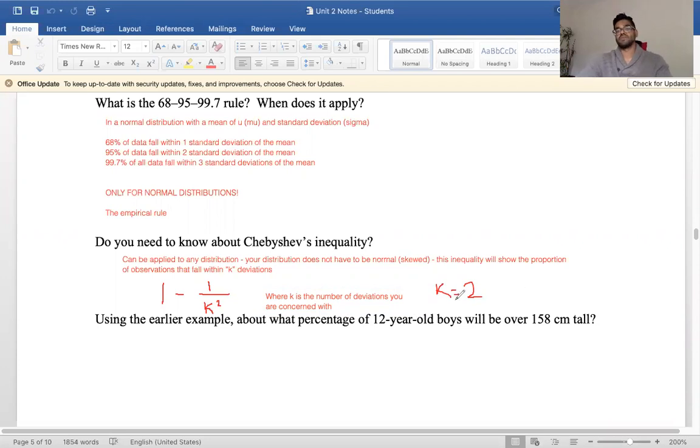So I can just plug the 2 in for K. I get 1 minus 1 over 2 squared, which is 1 minus a quarter, which is equal to 3/4. The way you interpret this is that at least 75% of your data is going to be within 2 standard deviations, no matter the shape of your distribution. Okay.